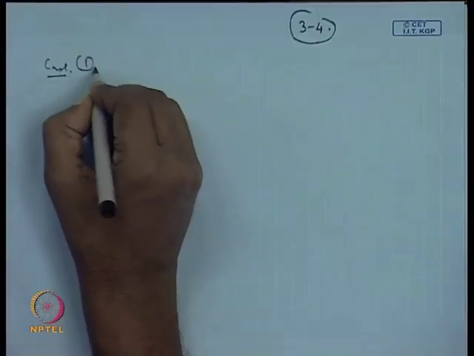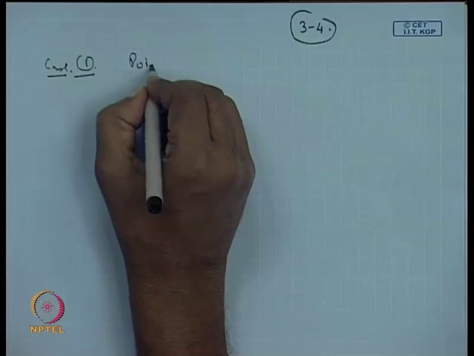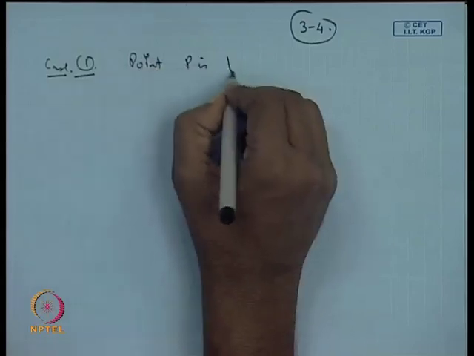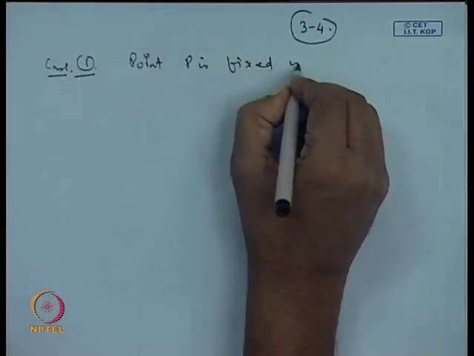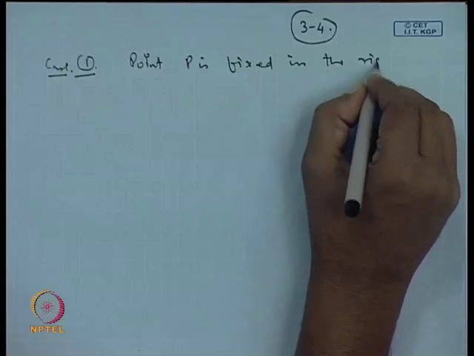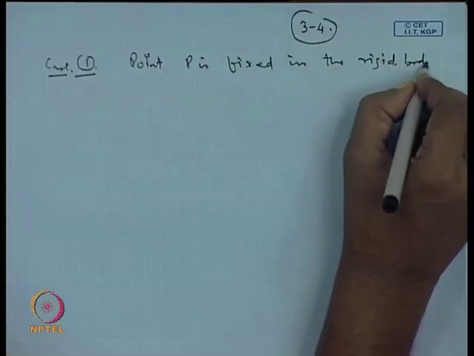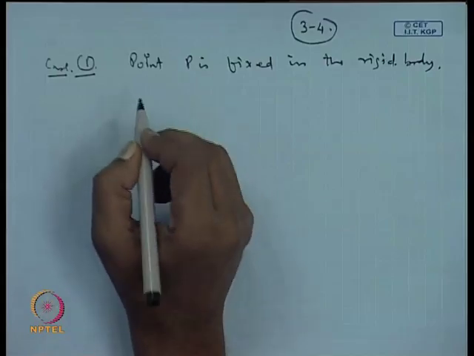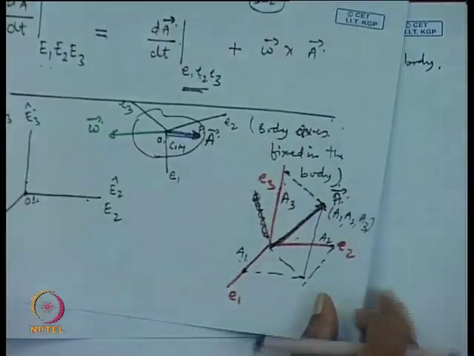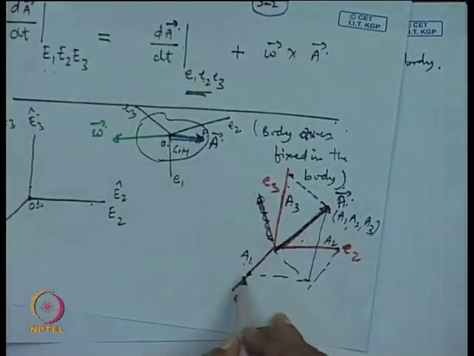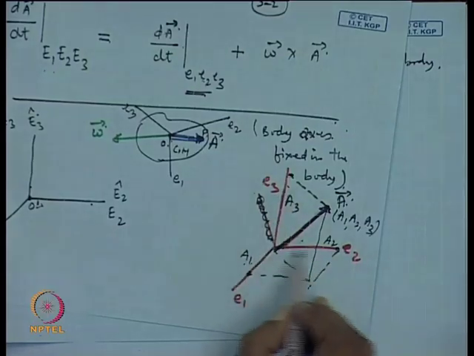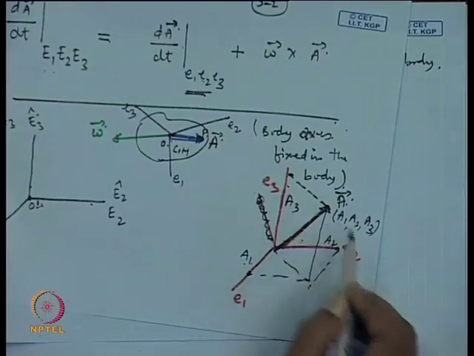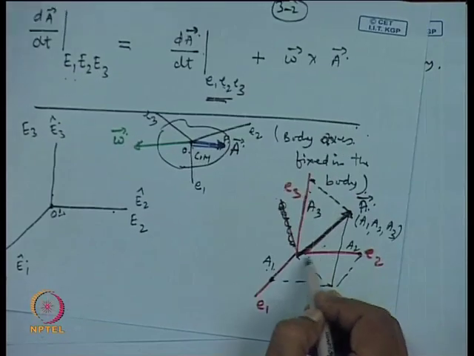So, we take this as case 1: point P is fixed in the rigid body. If the point P is fixed in the rigid body, the vector A is fixed here, so its components in the body reference frame will remain constant, they will not be changing.